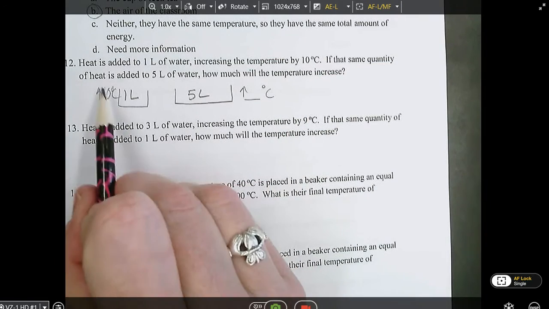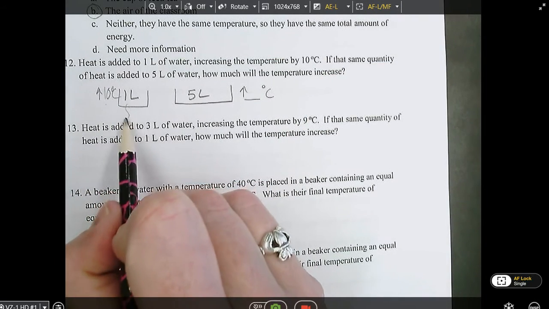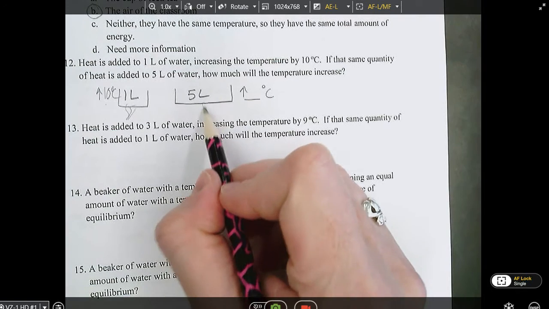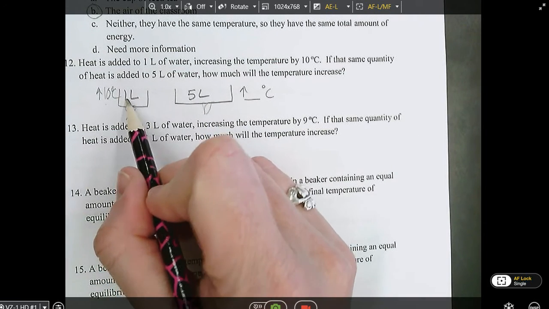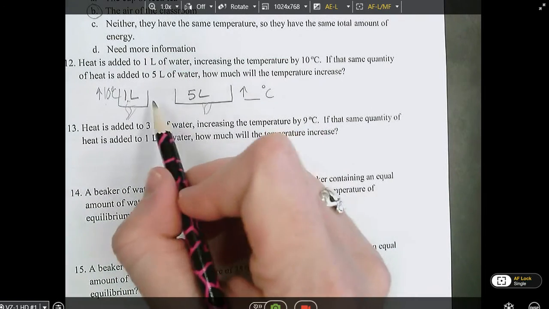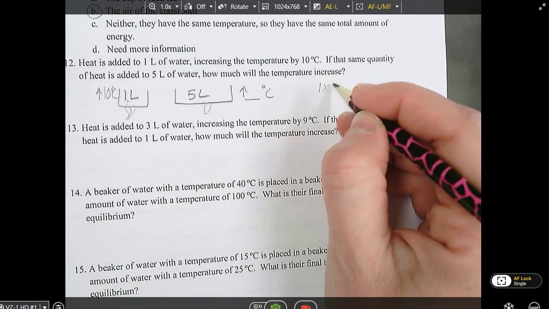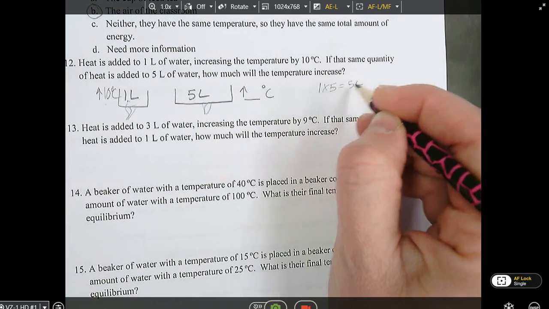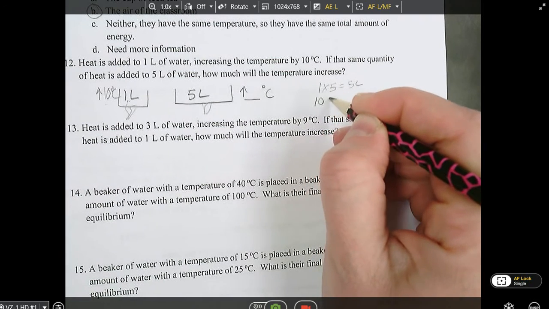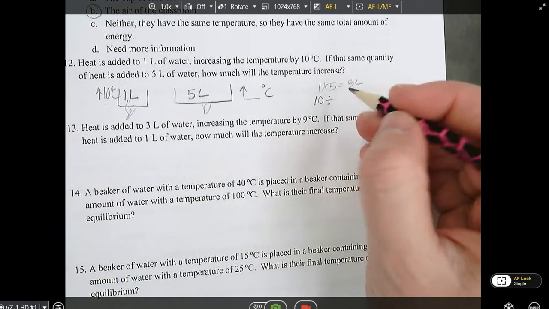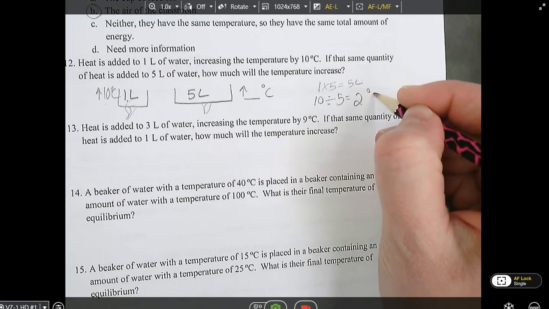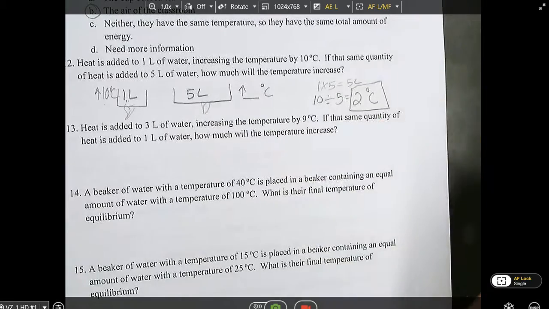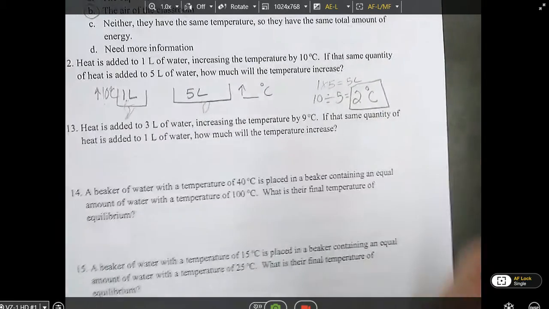This one increased by 10 degrees. We don't know how much this one increased. So you've got to think inversely proportional. What do we do to 1 to get 5? You multiply it by 5. So we need to take 10 and divide it by 5. And 10 divided by 5, we all know, is 2 degrees Celsius. I'm going to put a box around my answer.